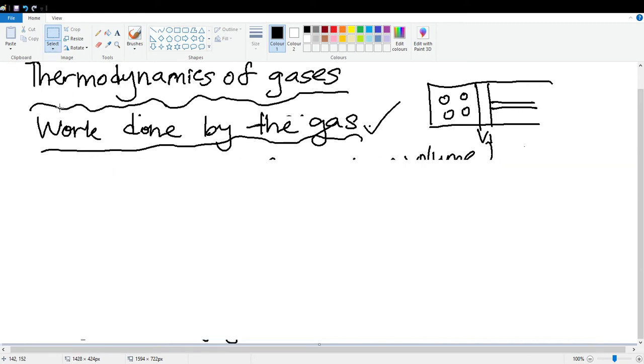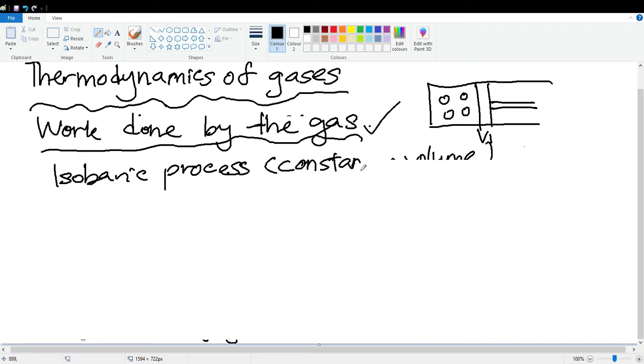Okay, so let's move on to the second one, which is the isobaric process. The isobaric process is constant pressure. For constant pressure, in the graph, let's say I pick a random value for the pressure.